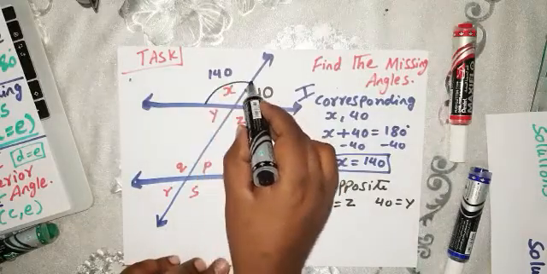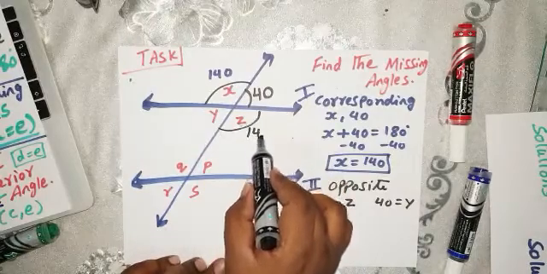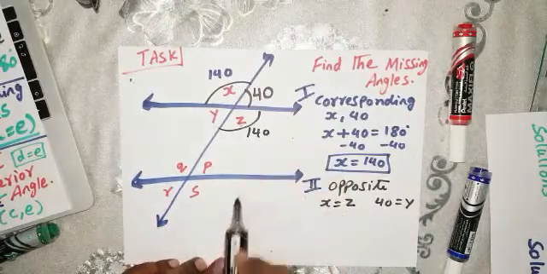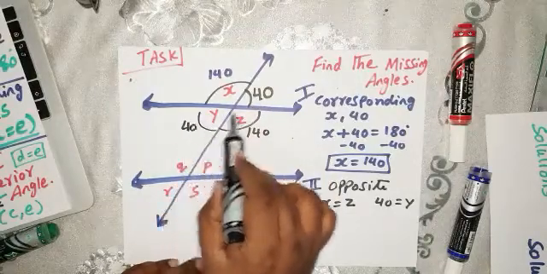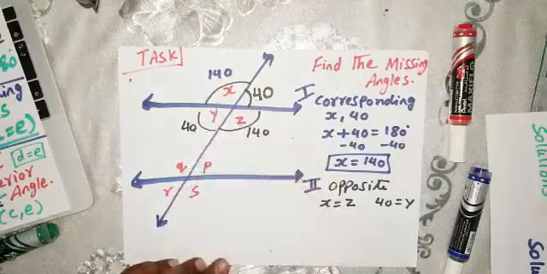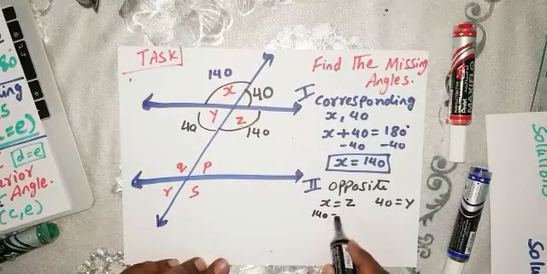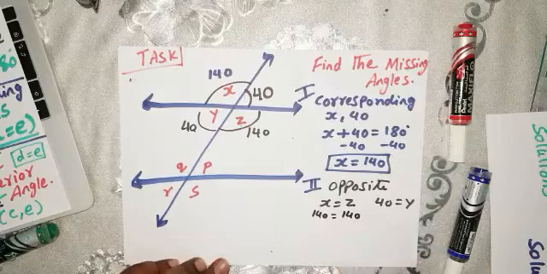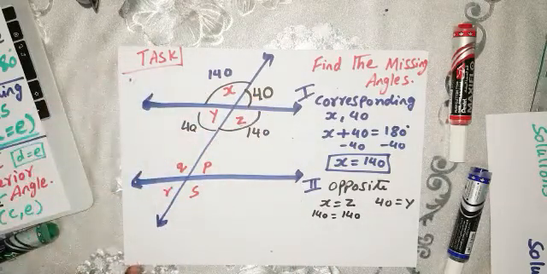So if this is 140, Z is also going to be 140. And if this is 40, Y is also going to be 40. So by this rule, X is 140, so Z is also going to be 140. So opposite angles give us the remaining two angles on the first line.